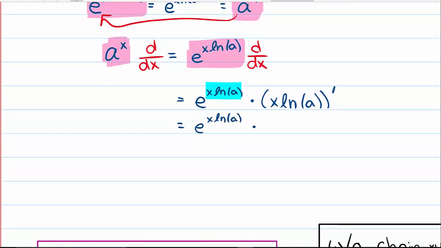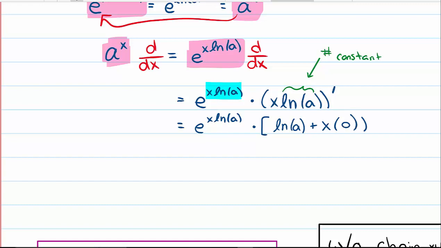All right, so this is e to the power of x ln of a times, and here we have to use the product rule. So the derivative of the first is just 1, so you get ln of a, plus x times the derivative. Now, keep in mind, this whole number ln of a is a number, so that's a constant, and the derivative of a constant is 0.